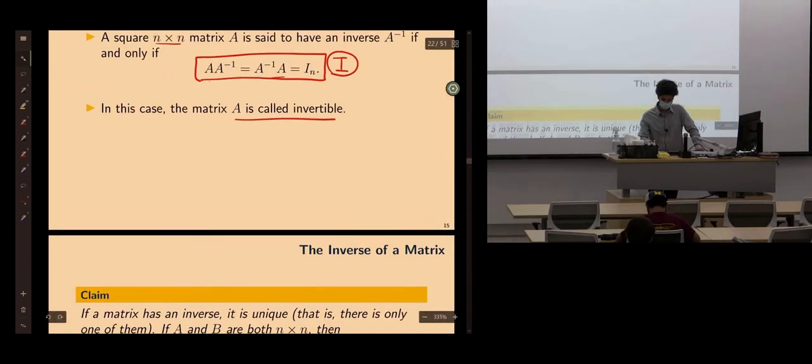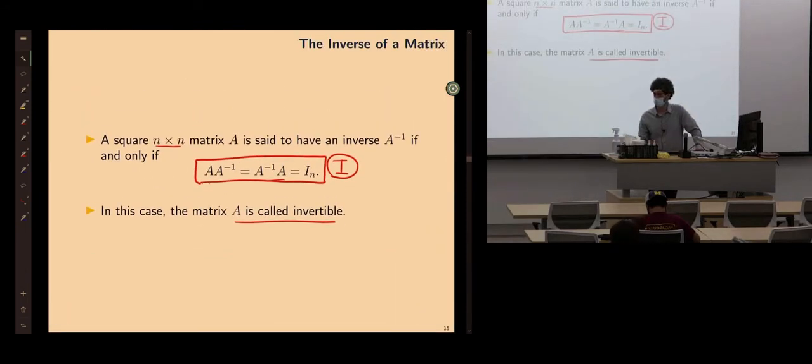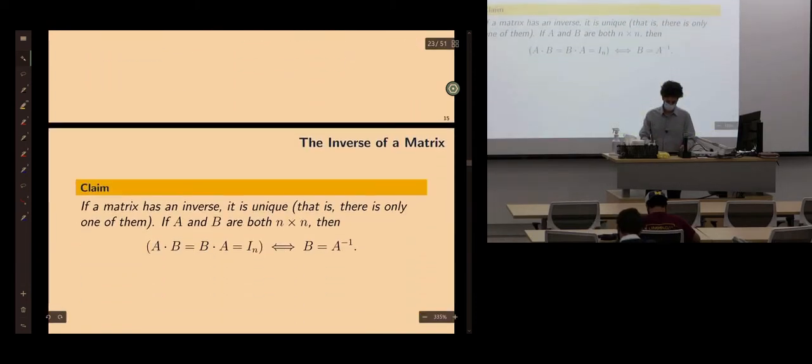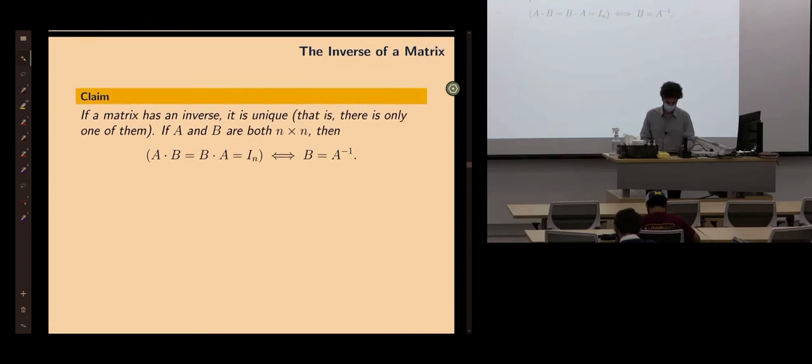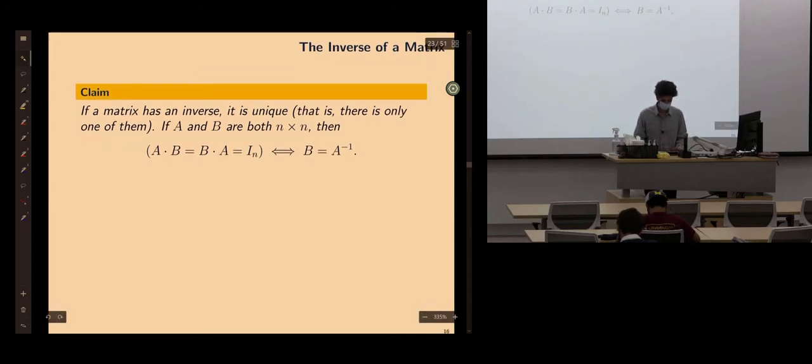Which also brings up the question: does it always exist, right? I'm saying if it holds, A is invertible, then when is the case that A is not invertible? That's what we're going to see. Now before that, I claim if a matrix has an inverse, it's unique.